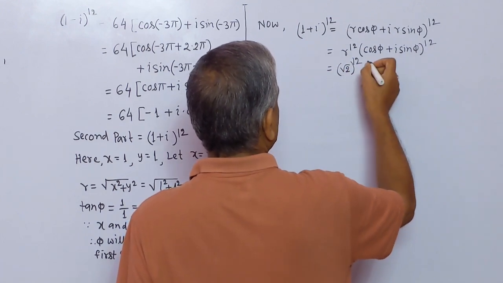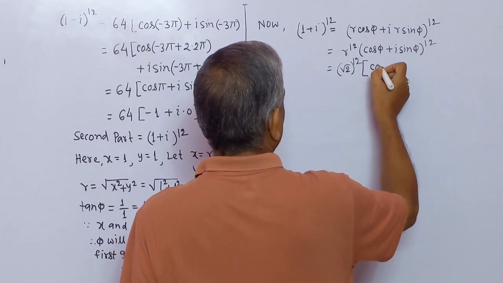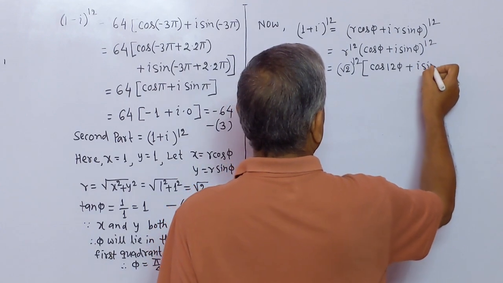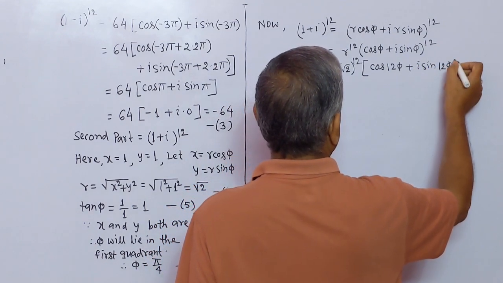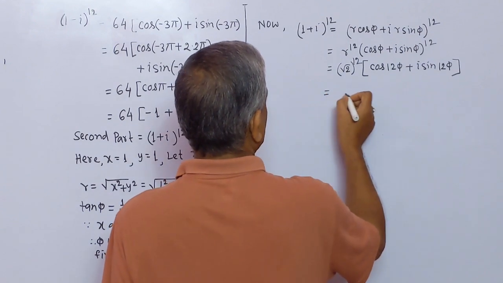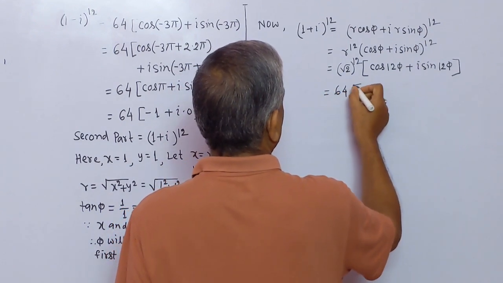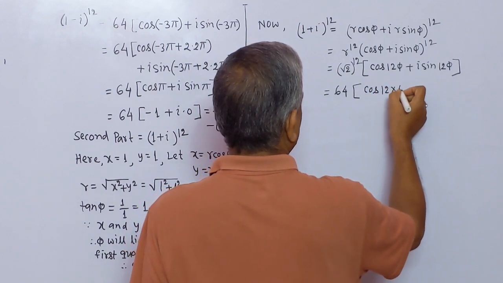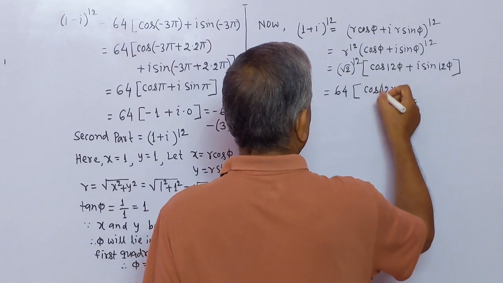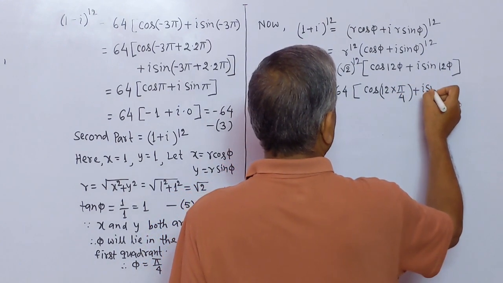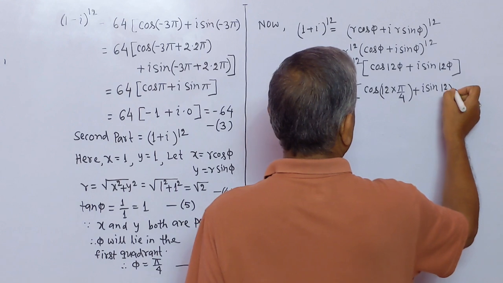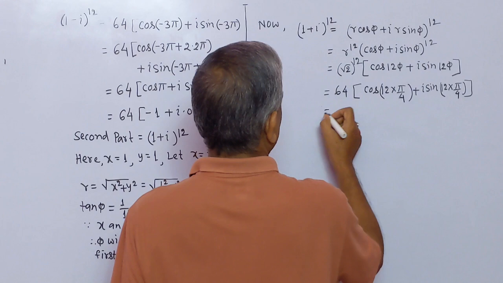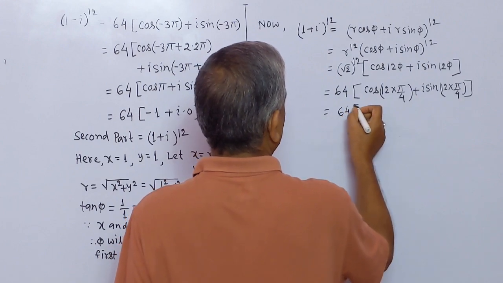Here by using de Moivre's theorem we get cos 12 phi plus i sin 12 phi. This is equal to 64 (cos of 12 times pi by 4 plus i sin of 12 times pi by 4).